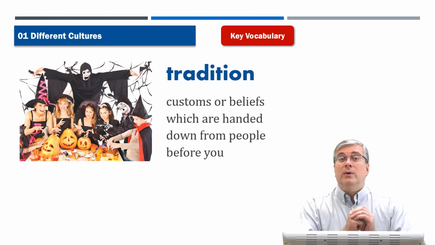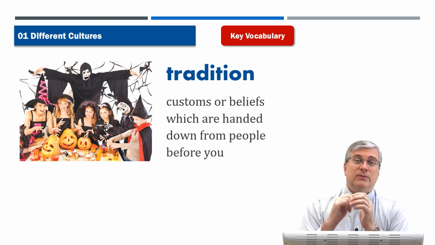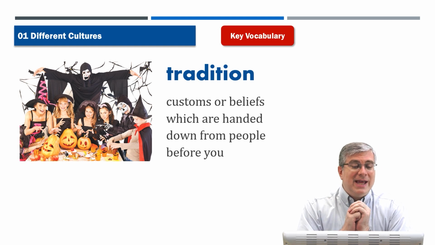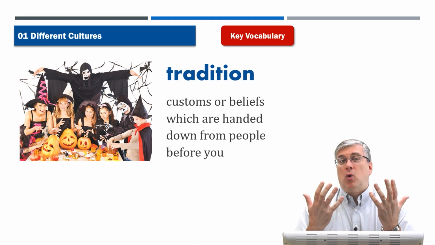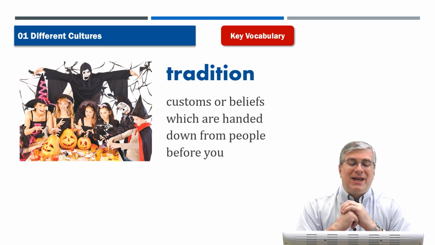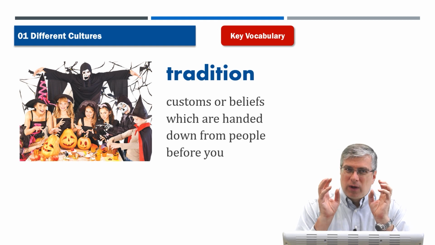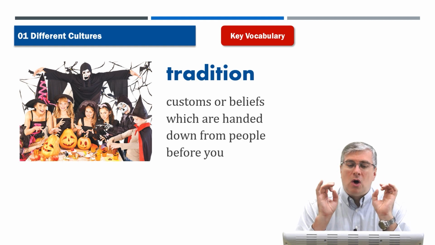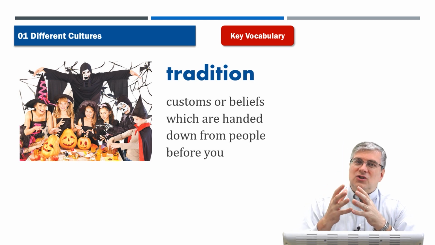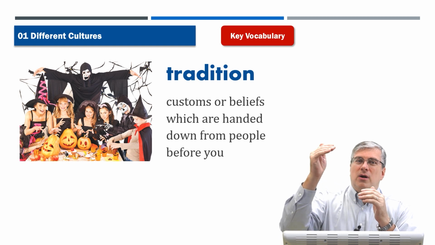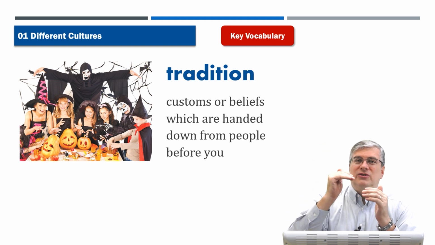As usual, we start with the vocabulary. The first word in our vocabulary list is tradition. Tradition is very important to cultures because tradition means the customs or beliefs which are handed down from people before you. So traditions, of course, come from a very long history.